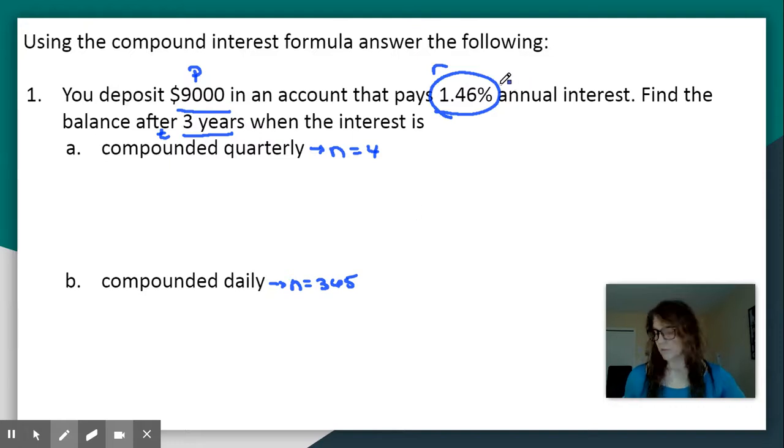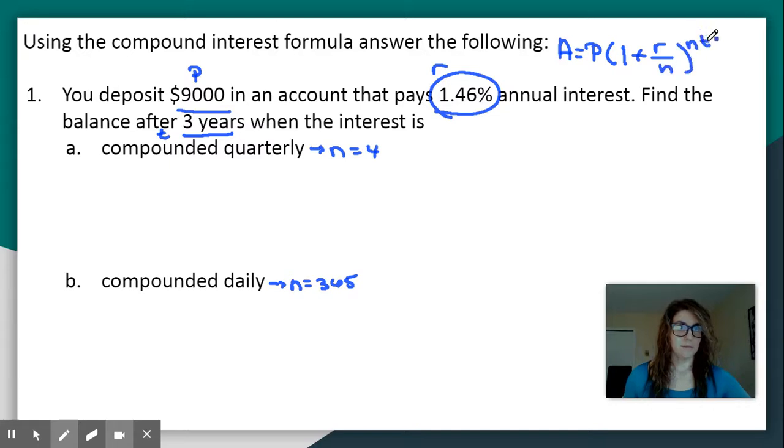Okay, so let's go back real quick. I'll write down the formula. So A equals P times 1 plus R over N, to the power of N times T. Okay, so again, as we're going through this, that's going to be our formula. Our money's going to grow, so we're going to have the growth formula. We're adding to it. All right, and simply just going to fill in everything we know.